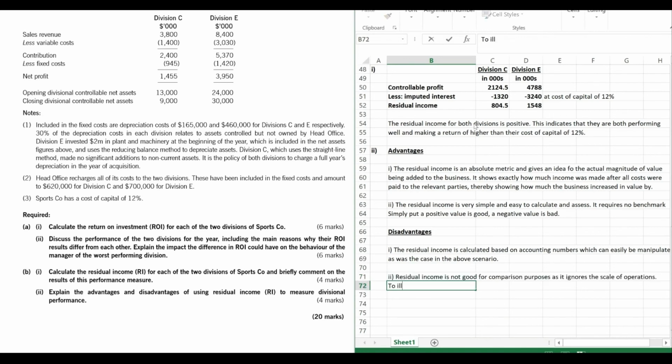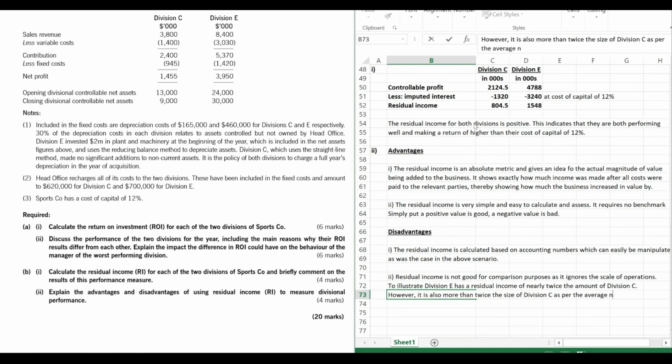To illustrate, Division E has a residual income of nearly twice the amount of Division C. However, it is also more than twice the size of Division C as per the average net assets.